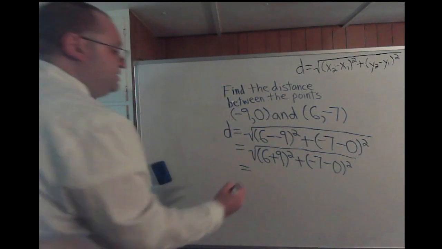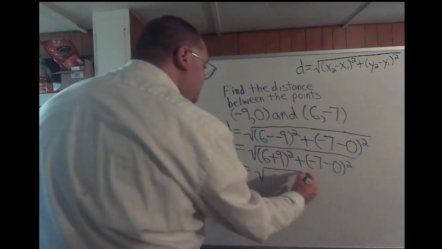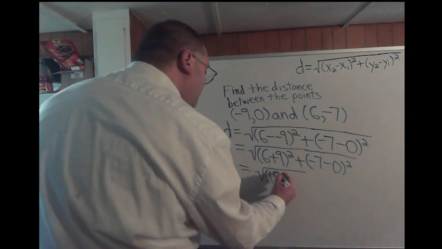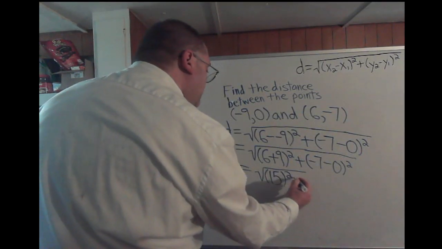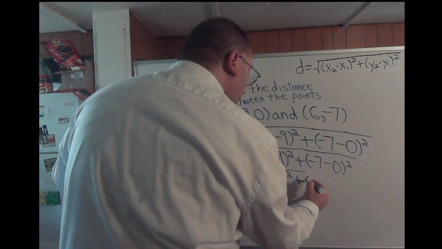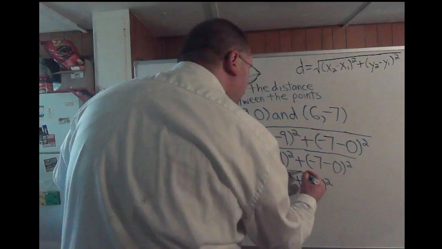Okay, now let's do our parentheses. 6 plus 9, that's going to be equal to 15 to the second power, plus negative 7 minus 0, well that's negative 7, that'll be to the second power.